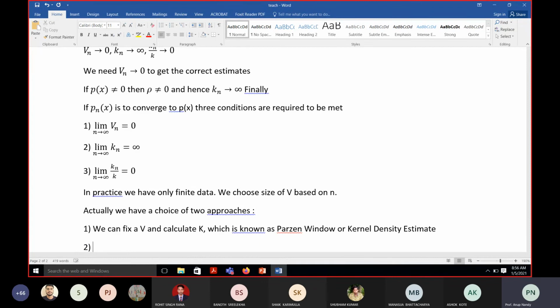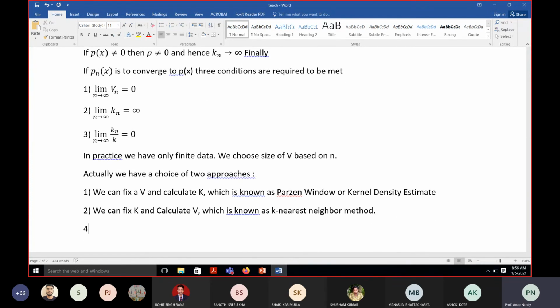The second approach is that we can fix K and calculate V, which is known as the K nearest neighbor method. So these are the two approaches.